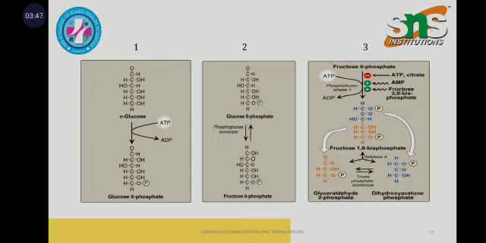By the action of the aldolase enzyme, there are two subdivisions: glyceraldehyde 3-phosphate and dihydroxyacetone phosphate.